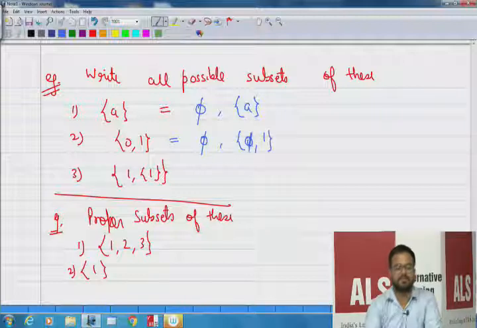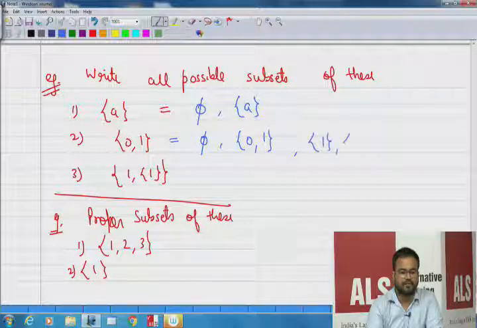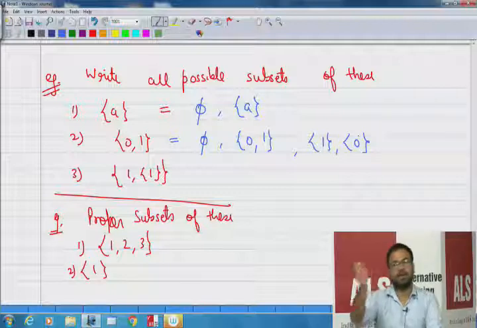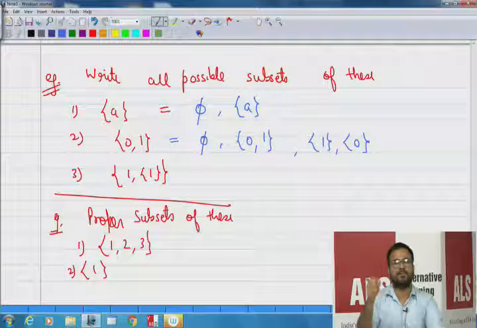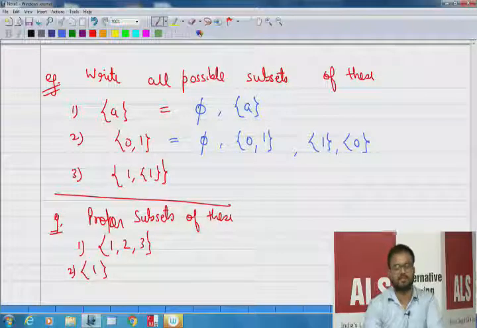These two will always be there: phi and the set itself. And now 1 and then 0. 4 subsets. If we take curly braces outside these, this will become the power set.